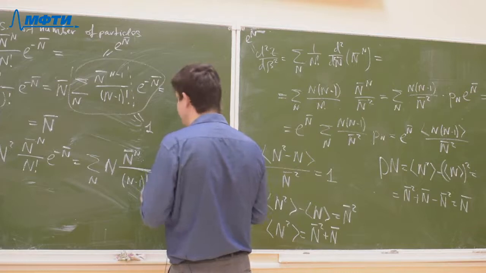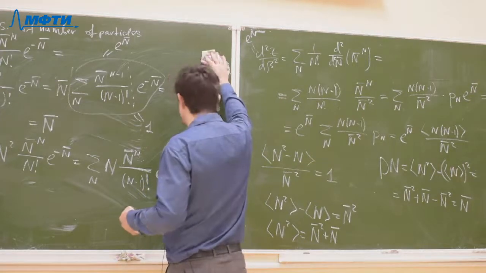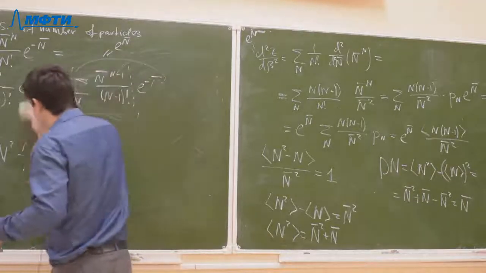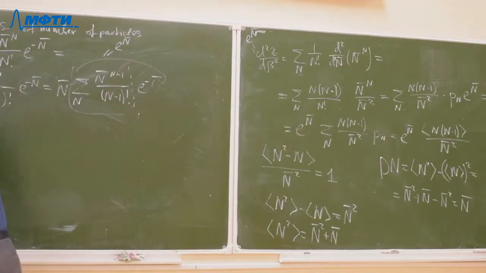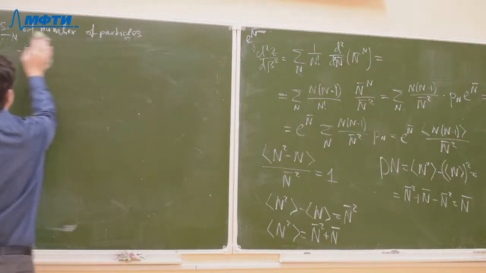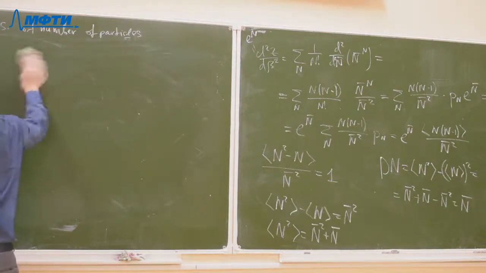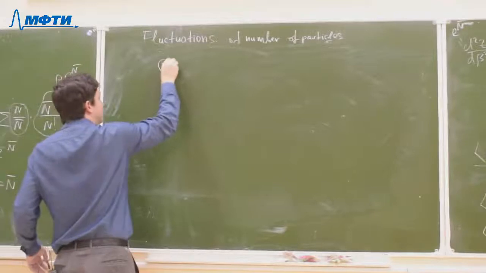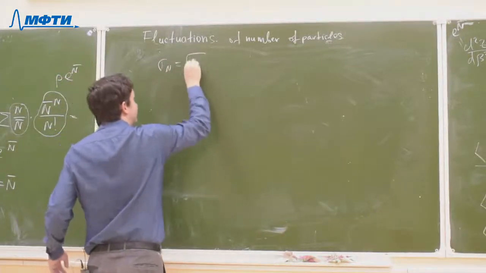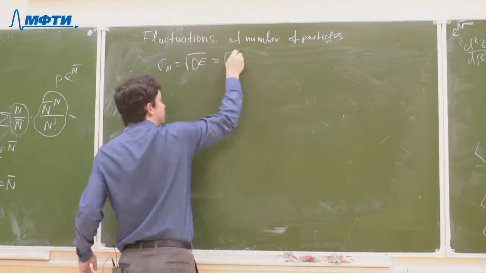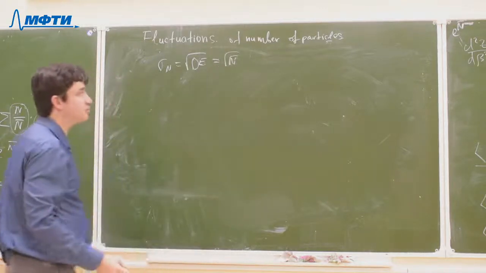And from this we get that the standard deviation for the number of particles, which is calculated as the square root of the variance, is the square root of the average number of particles.